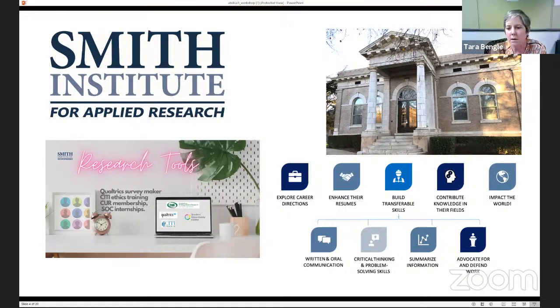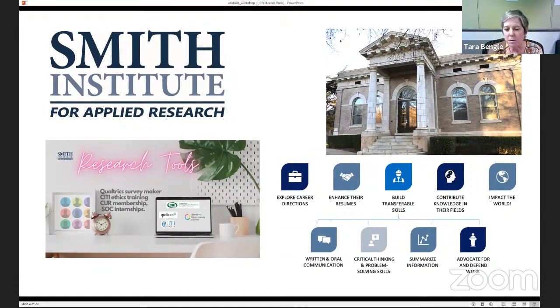But we really do this. We really want students engaged in research because of some of these benefits that you see in the bottom right-hand side of this slide. So we know that undergraduate research, it's an experiential learning opportunity, and in that way, it allows students to explore career directions. Once you explore career directions and you're getting these hands-on learning opportunities, these are also skills, activities that you can then add to your resume and really help enhance your resume.